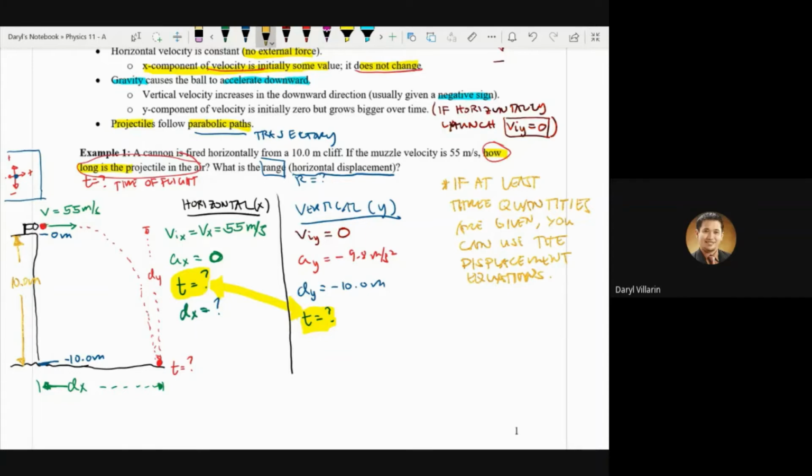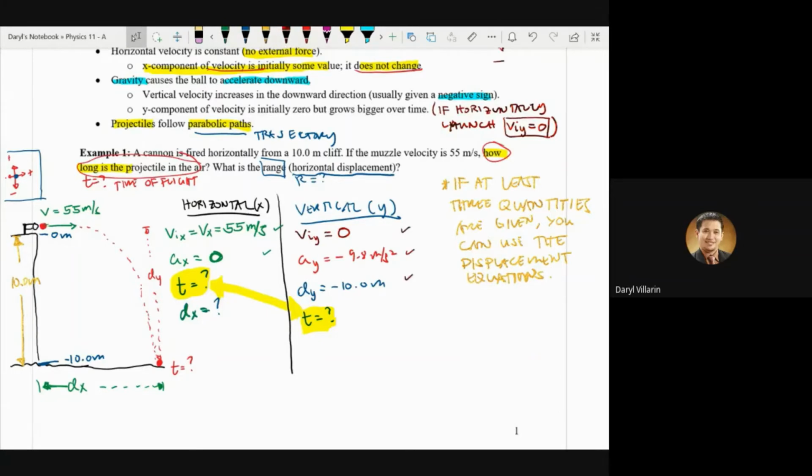So I will not be looking at my horizontal motion because I've only been given two quantities, one and then two. On the other side, I have one, two, three.